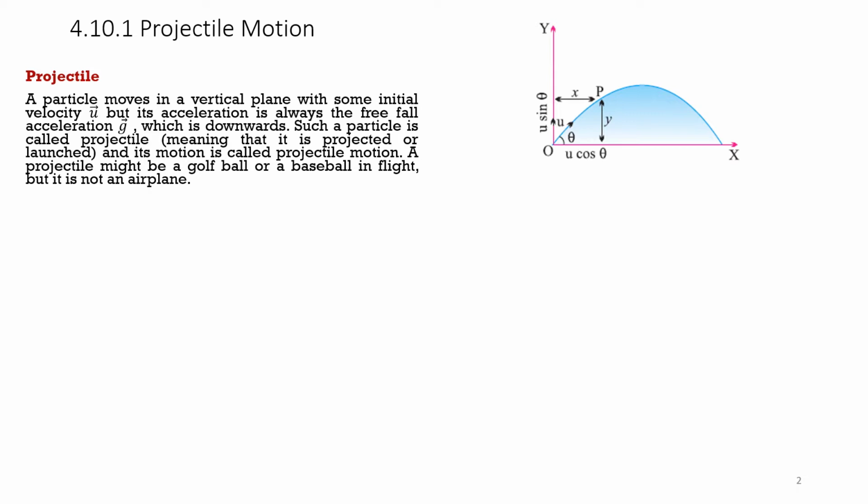In the figure shown on the right hand side, O is the origin and we have two axes, that is x-axis and y-axis. The particle is launched with an initial velocity u and at an angle theta.